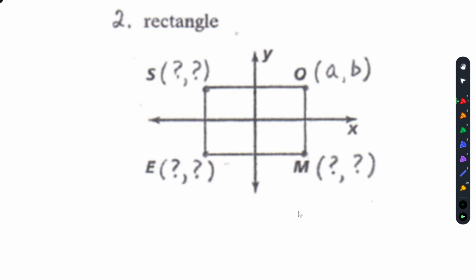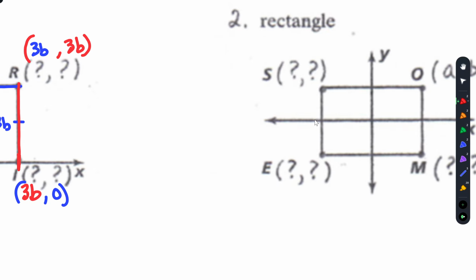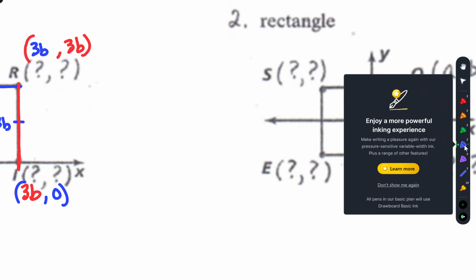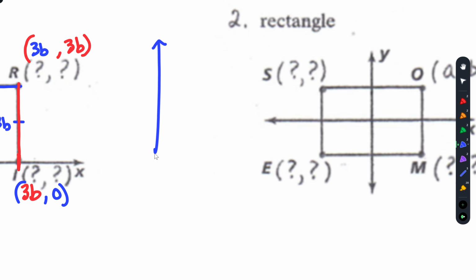Move on. This rectangle, we are going to assume that it is centered on this coordinate plane. A helpful hint when we're doing problems like this is if you think about the quadrants in a coordinate plane, we know what the sign of every point in that quadrant is going to be. So for example, in the first quadrant, the main quadrant, both X and Y are positive.